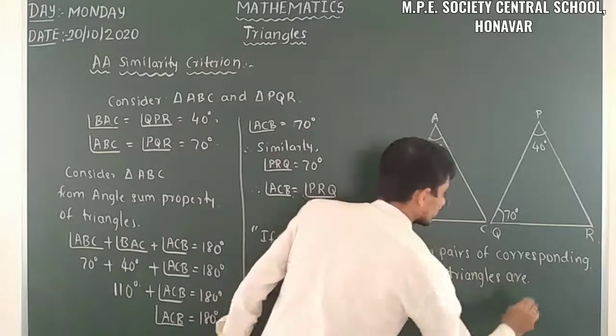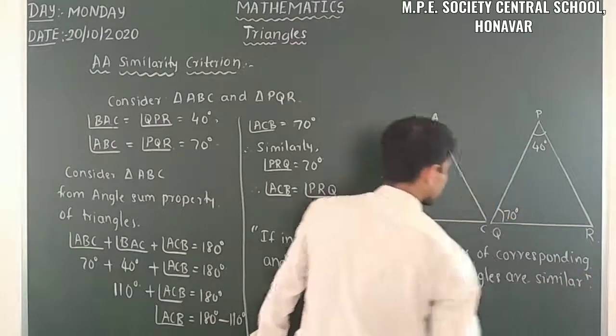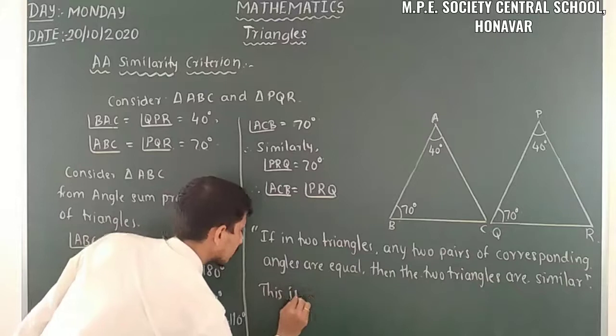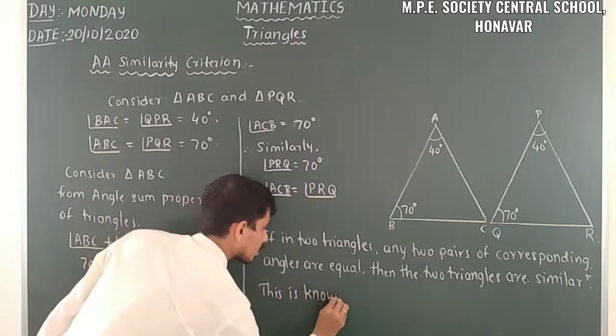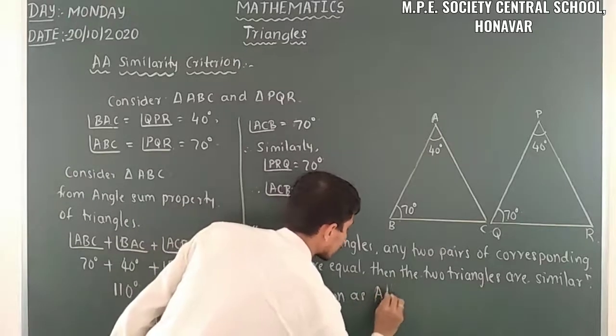This is known as the AA similarity criterion.